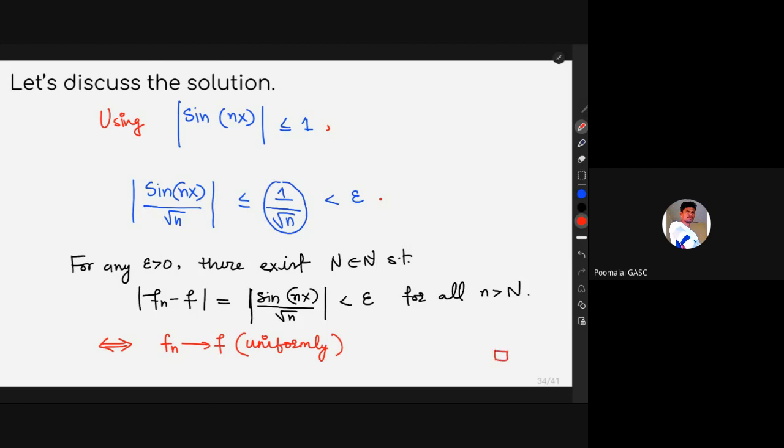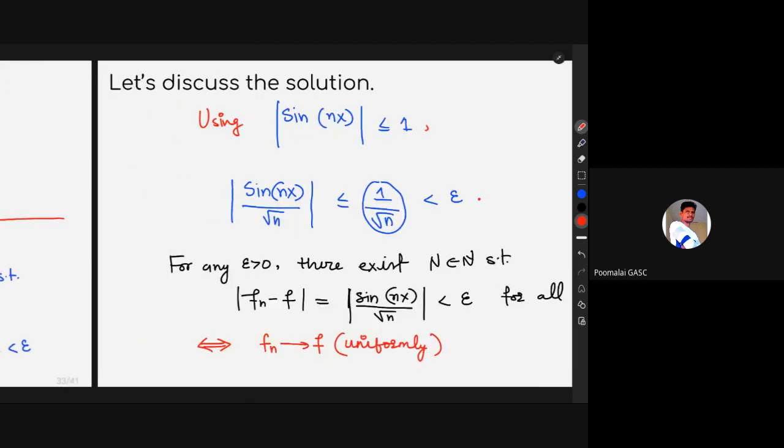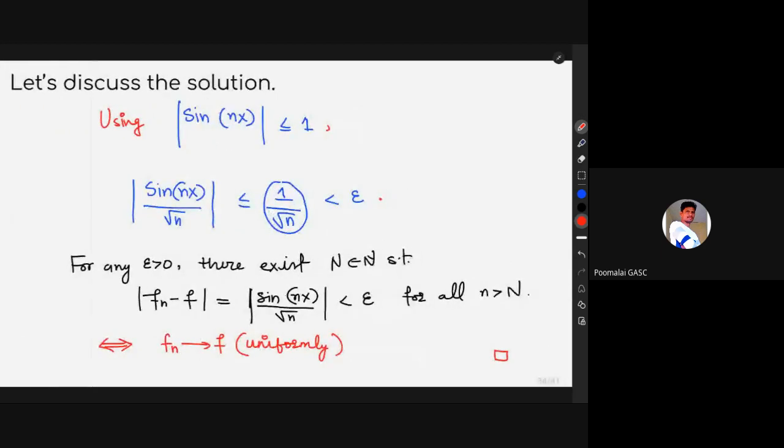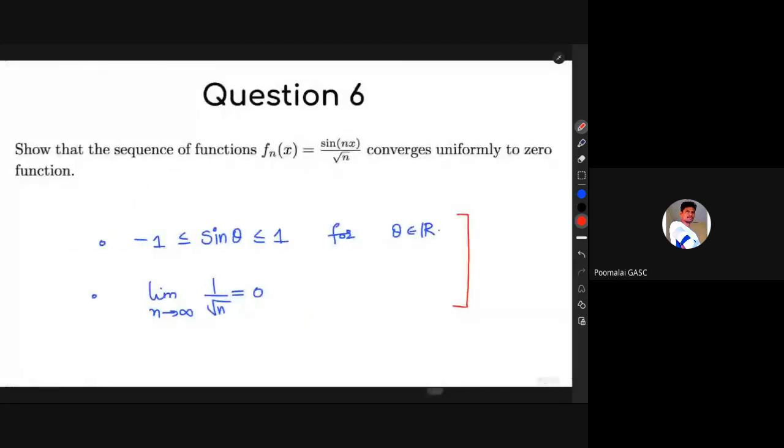Okay, so I have proved that fn converges to f, which is the zero function. So fn converges to the zero function uniformly. Any doubt in this question? Okay, good.